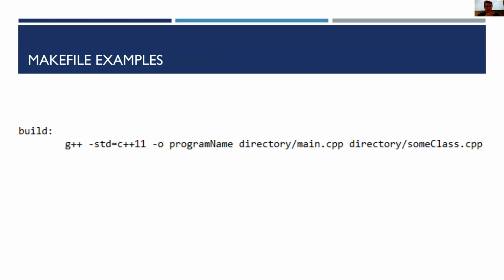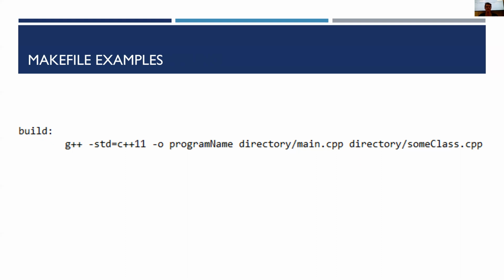Then you have the next argument there, which is basically saying use the standard C++11. You don't have to have this in a makefile. That's just making sure that you're using the proper version, so that if you're giving this to somebody else, they don't have issues running it because they know that they have this standard.